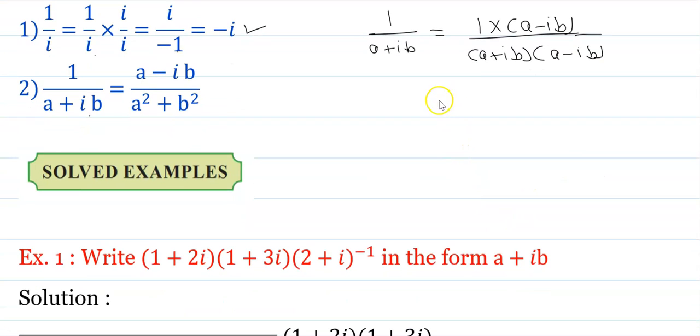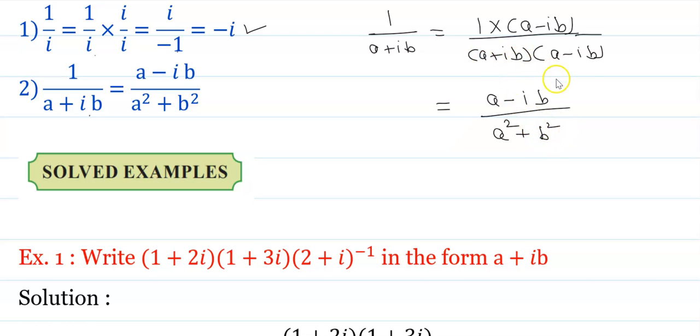And hence you are getting a minus ib in the numerator, divided by a plus ib into a minus ib, that is a square minus b square I square. I square is minus 1, that minus minus will become plus, and hence you are getting a square plus b square. Okay, and hence 1 upon a plus ib is nothing but a minus ib upon a square plus b square.